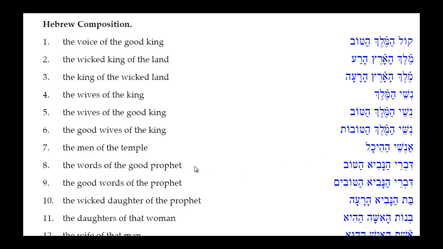Number 8, we look and see in the English here, the words of, that's the construct noun, and we have the prophet is the absolute, and the prophet has an attributive adjective, good, with it.